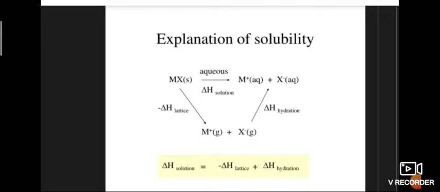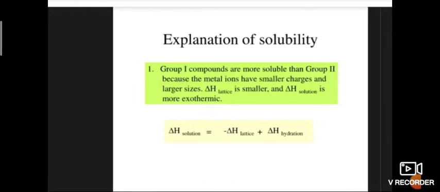Lattice energy is also involved, and the compound dissolves. Group 1 compounds are more soluble than group 2 because the metal ions have smaller charges and larger sizes. So delta H of lattice is smaller and delta H of solution is more exothermic.